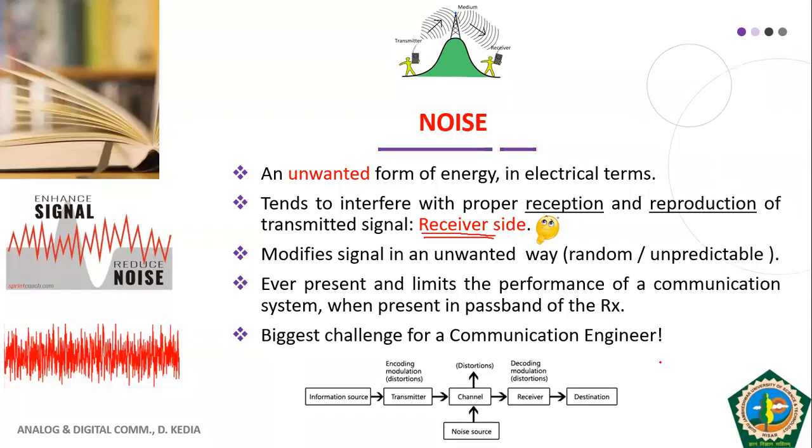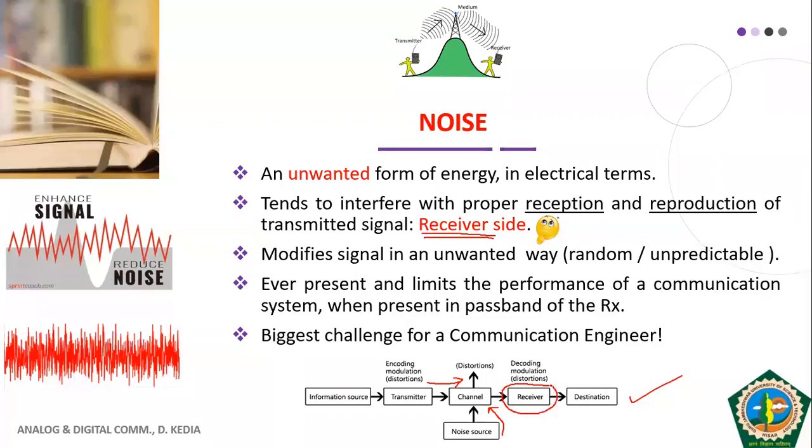You can see in the block diagram at the bottom of this slide that once our signal is launched into the channel, noise is introduced into our transmitted signal. The noise sources generate noise, and noise is superimposed onto the transmitted signal in the channel.